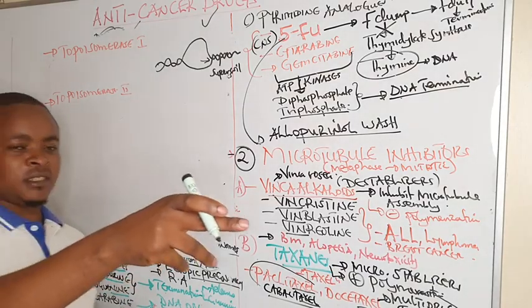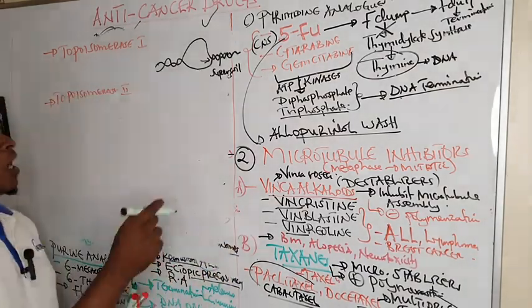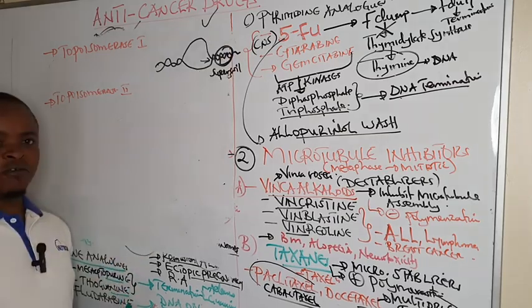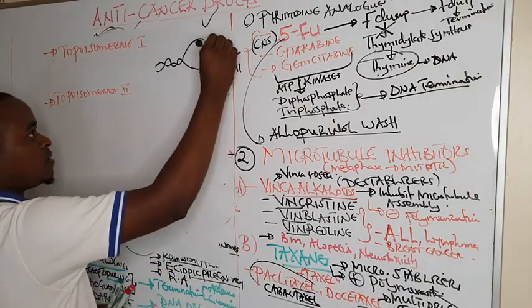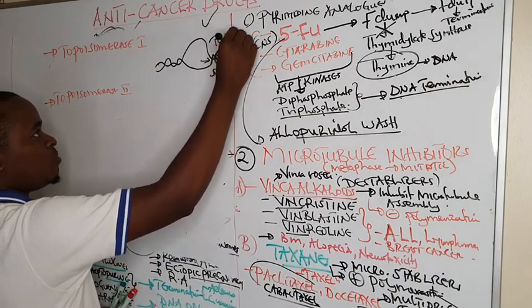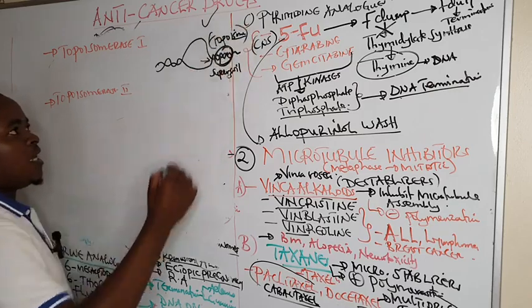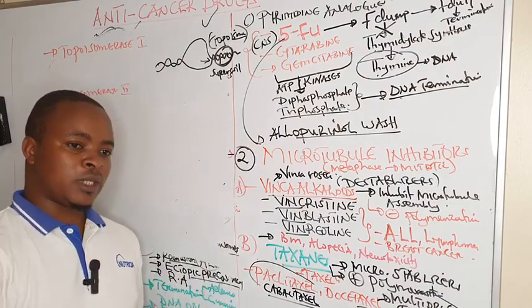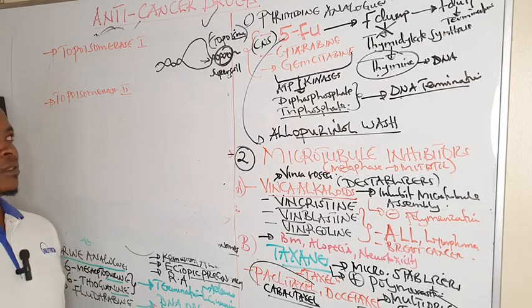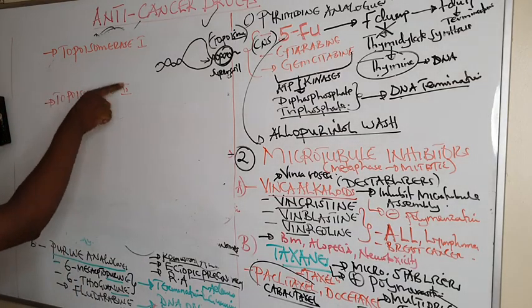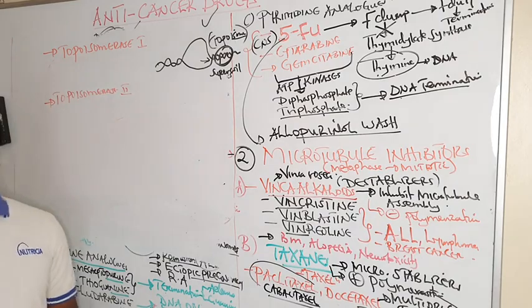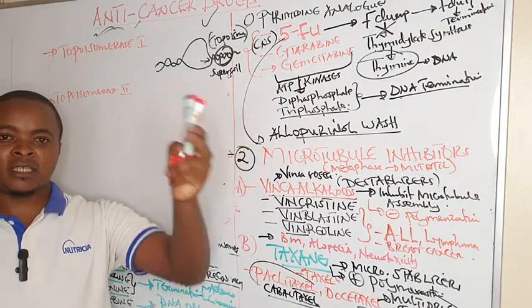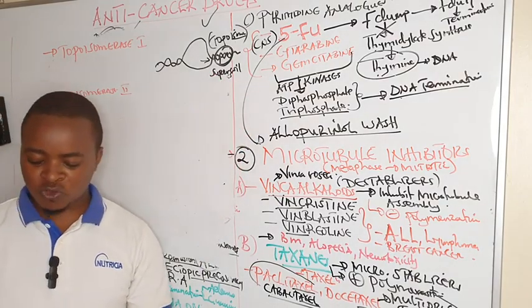These supercoils are removed by topoisomerase, especially topoisomerase 2, the one we call DNA gyrase, so that helicase can continue to separate the DNA strands. If you give a topoisomerase, especially type 2 inhibitor, it acts by inhibiting the removal of the DNA supercoils, hence helicase cannot separate the two strands.